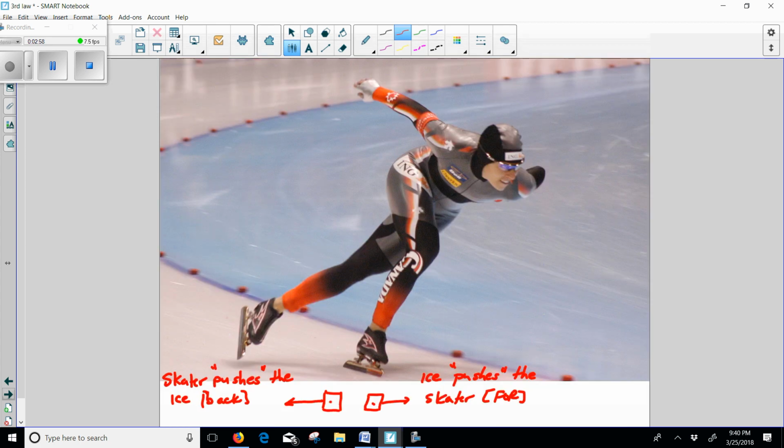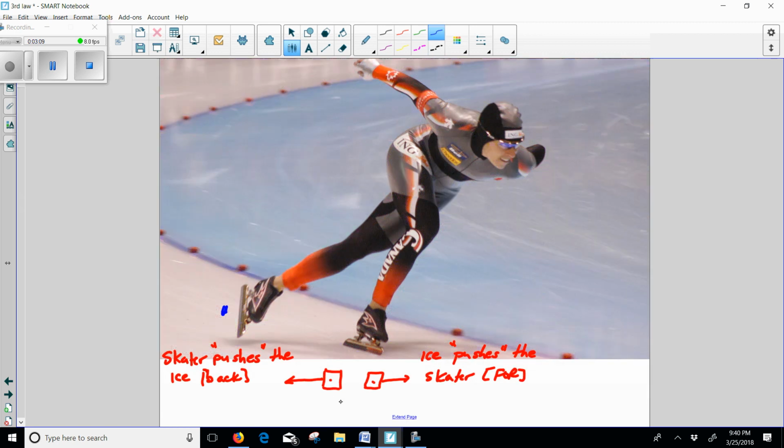Okay, here's an example. We have a skater, and whenever you skate, in order to move forward, you can see here the skater has to push backwards. We have a little picture here to show the free body diagram of each object. This free body diagram is the ice. What we do to the ice is the skater is pushing on the ice backwards.